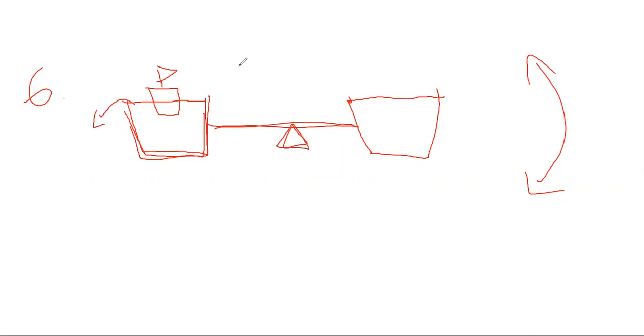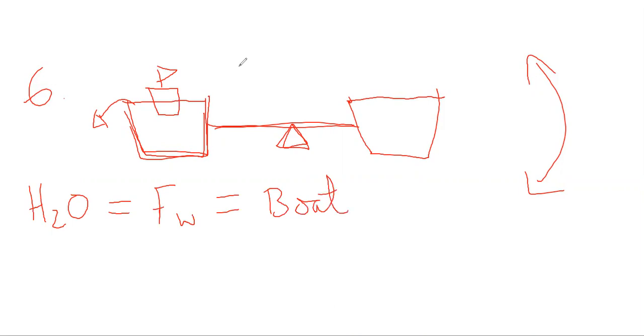Well, the weight of the water displaced is equal to the weight of the boat. That's Archimedes' principle. That's what he figured out, that if something's floating, it will push out an amount of water equal to its own weight, but only if it's really full like that, which it is.